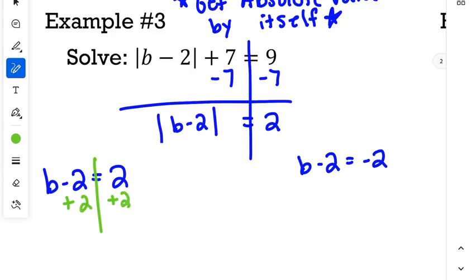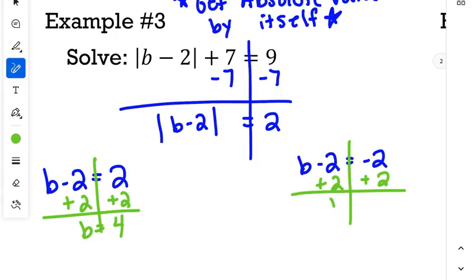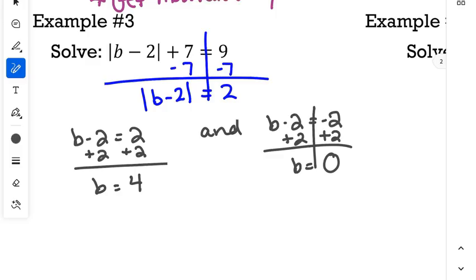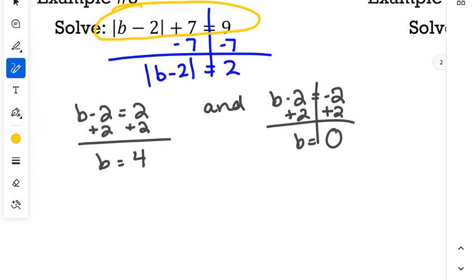So plus 2, b equals 4. And then plus 2, b equals 0. And then we would want to check it by substitution back into this equation. Whenever we plug it in, we want to plug it in to the original. So well, let's write check.